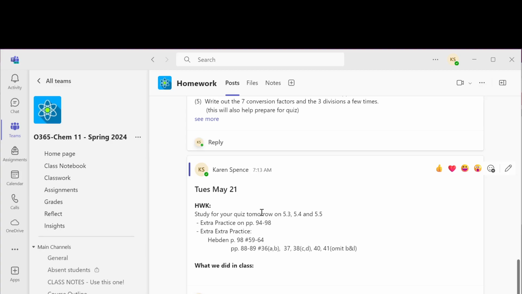Liters. Go with liters because it's a gas, right? So instead of volume, you're going to write the unit, which is liters, because you don't really want the quantity there, you want the unit.